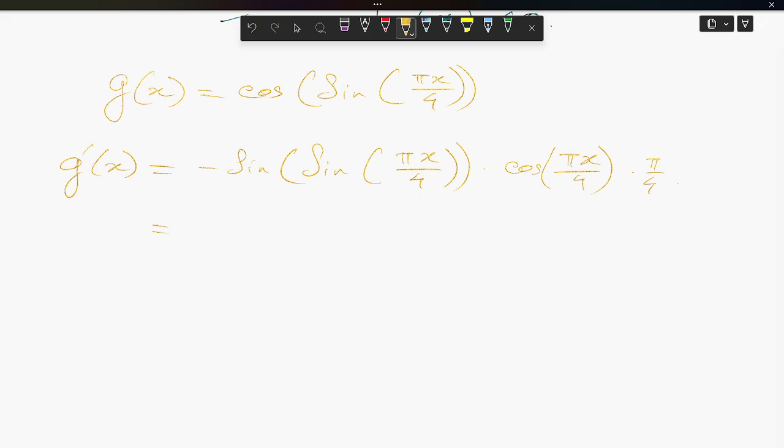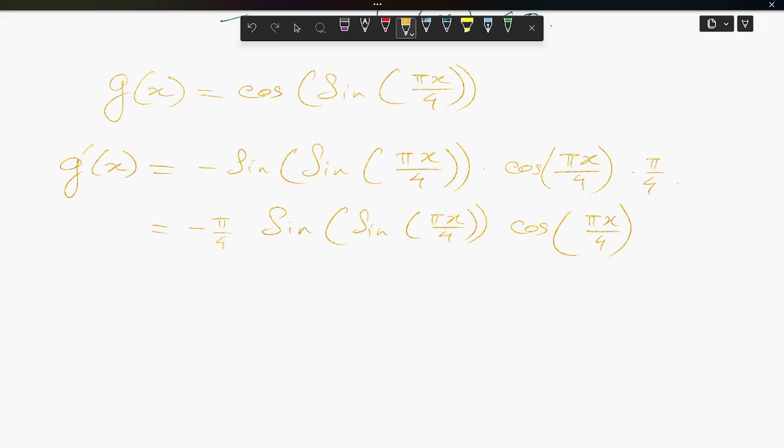So that will be minus π/4 into sin(sin(πx/4)) into cos(πx/4).